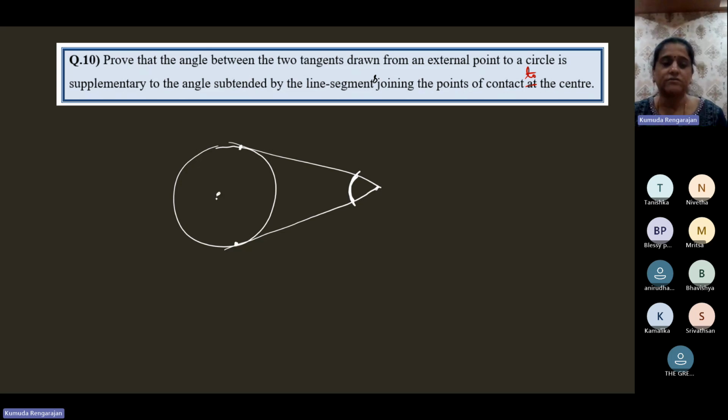Center. What is this? This is the line segment joining the point of contact to the center. This is another line segment joining the point of contact to the center. So these are the line segments joining the points of contact to the center.